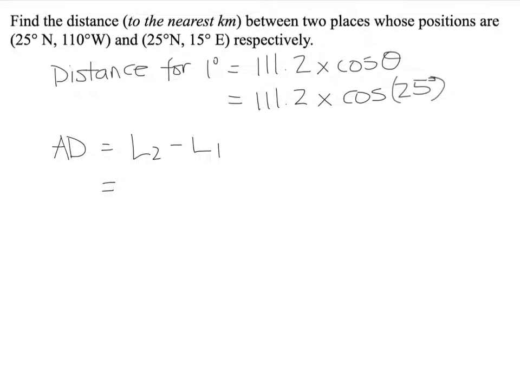Now, the only problem is we've got 110 west, 15 degrees east. If you remember what we said in the Great Circles video, these are on different sides, so we're going to add them.